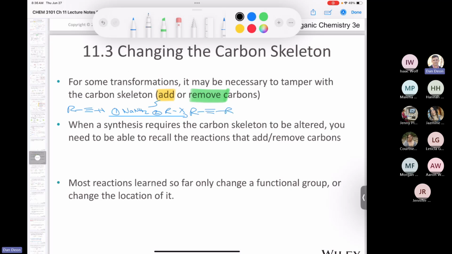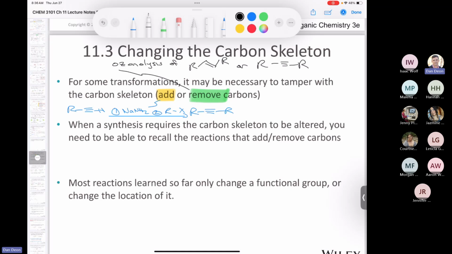And then when it comes to removing carbons, the only thing we have is ozonolysis of an alkene or an alkyne. That's literally all we have for reactions here, okay? In organic chemistry 2, yeah, we learn a whole bunch of new ways to make carbon-carbon bonds.